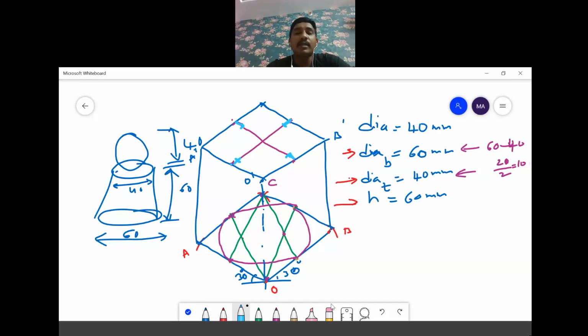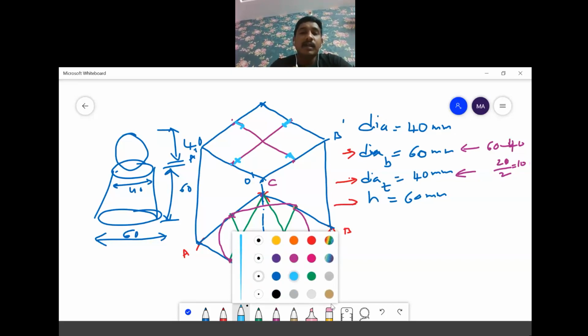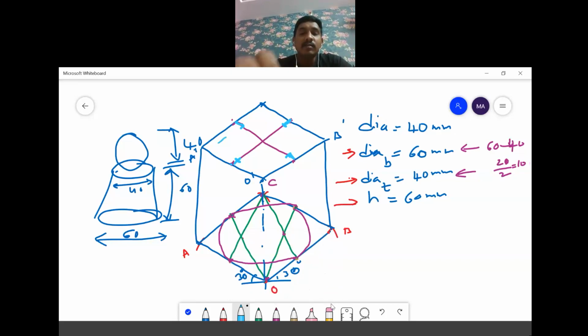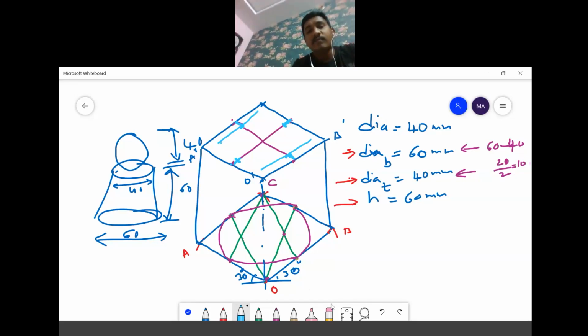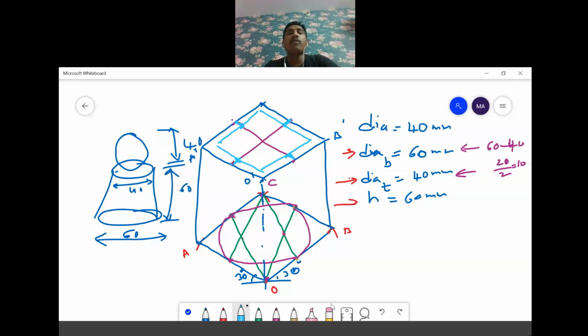Then I will draw a parallel line to this line, and to this line, and also to this side. From here at 10 mm, I am drawing a parallel line. From here also I am drawing a parallel line. Here you will form a square of side 40 mm.